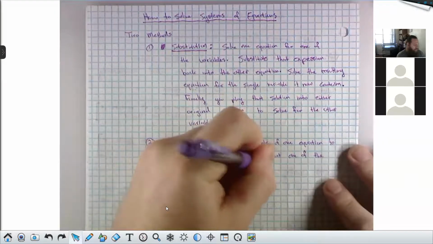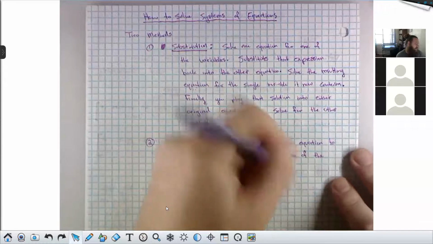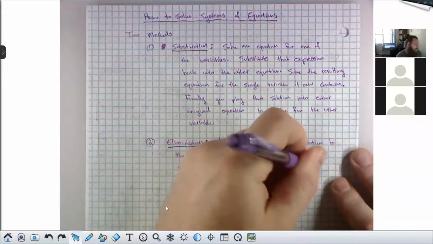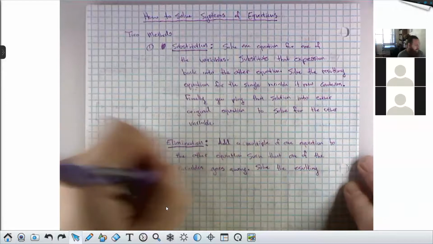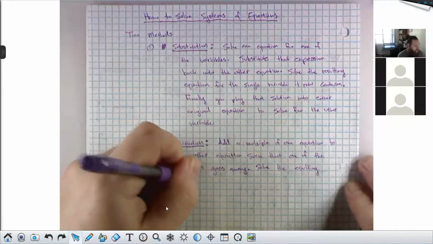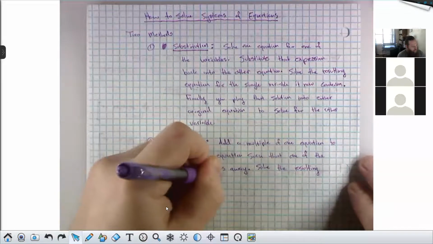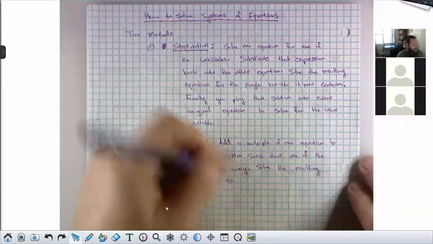Now we solve the resulting equation for its single variable.